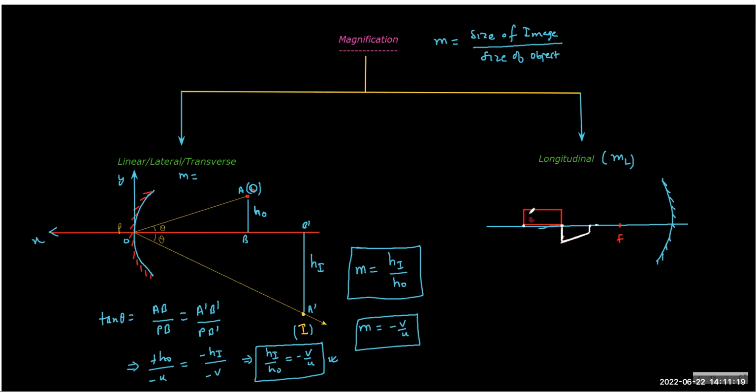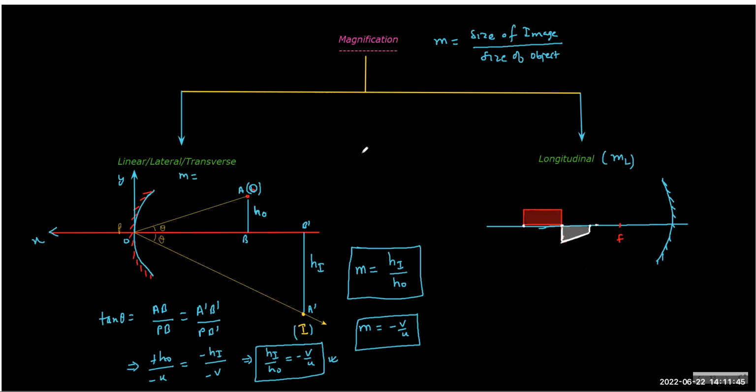This object, which looks rectangular, will form an image like a trapezium. But when it comes to the longitudinal magnification, we only look for the size, the dimension along the principal axis.